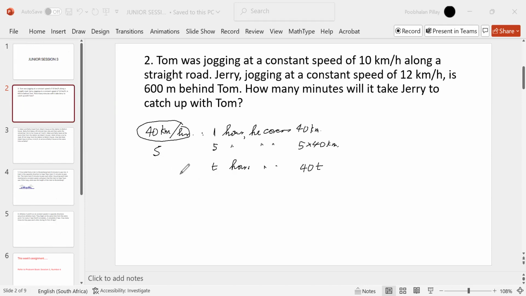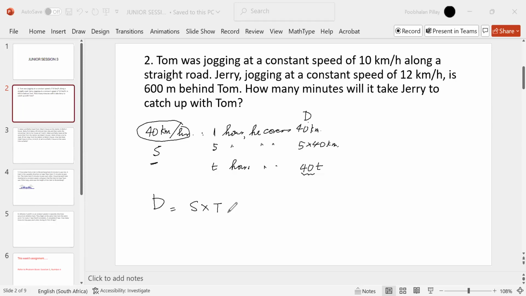So your speed, if you use S for speed and D for distance, then you'll see that the distance is equal to speed times time. So this is the basic formula in all these. The distance is equal to speed times time.